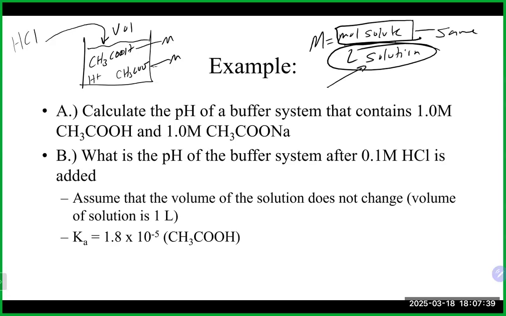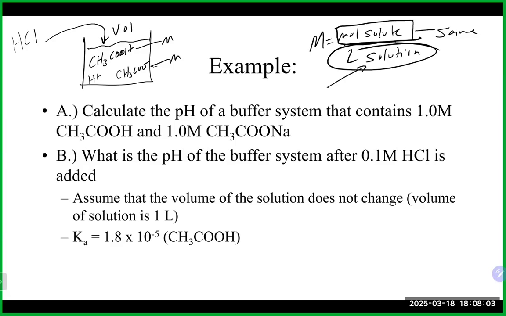If you have a buffer and you decide to add more acid or base to it, you need to figure out how the buffer changes based on how much acid or base you added, so that you can calculate the new pH of your buffer. It should be done in moles and then converted to molarity at the end.